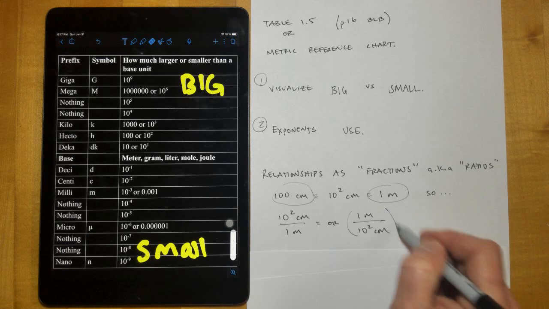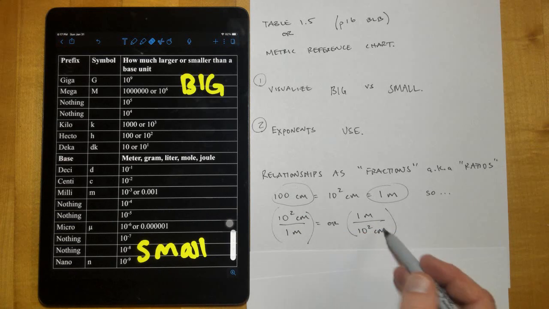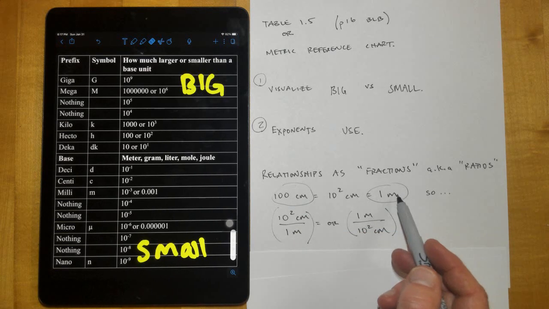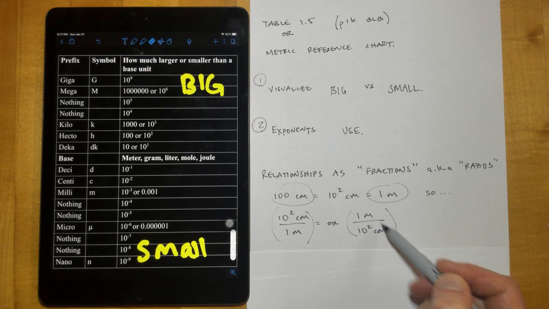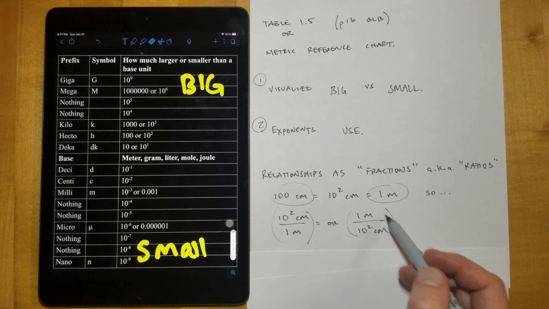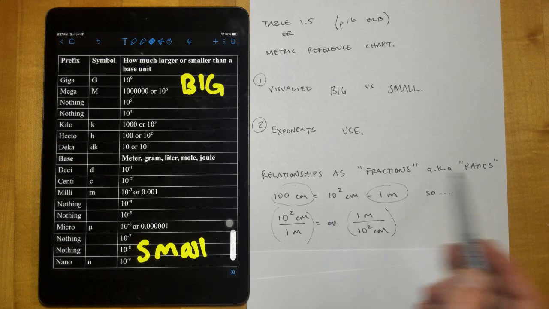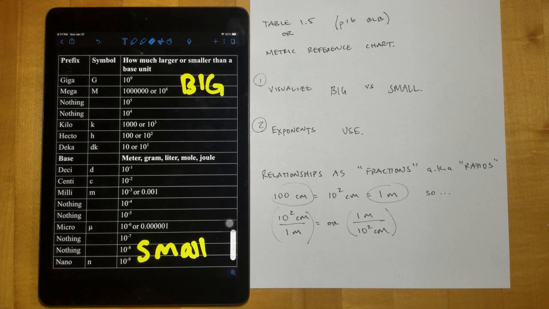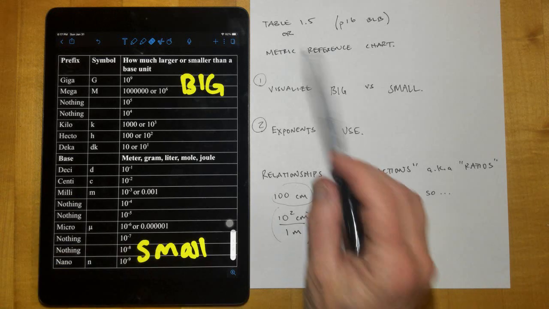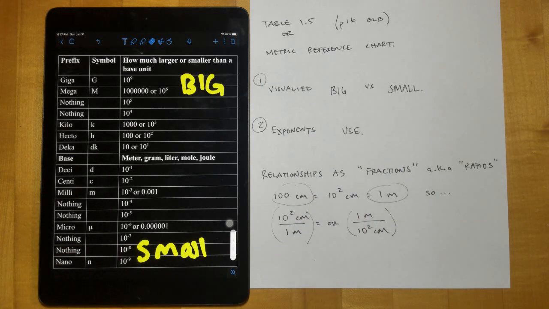Either fraction is okay, because each one of these is equal to 1, because the top and bottom are equal to one another. If you take something and divide it by itself, of course it's equal to 1. These relationships, these fractions or ratios, are the key to being able to do especially difficult conversion factor problems, or ones that might not even have metric units in them.